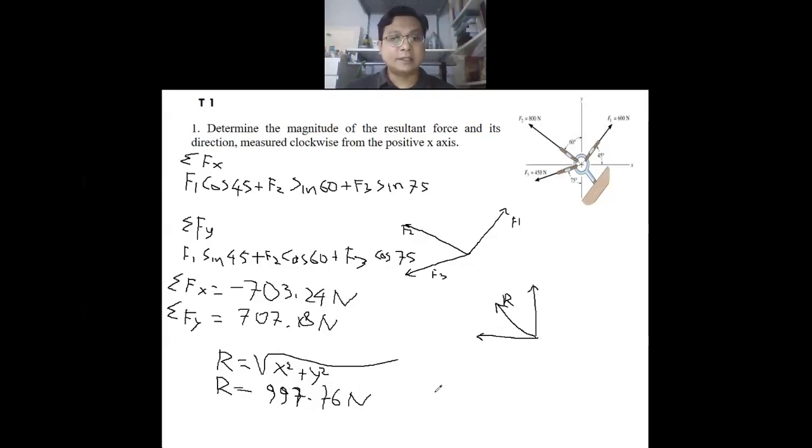After that, back to the question: measure the clockwise from the positive x. So the angle should be from here until to here. This one is the question.